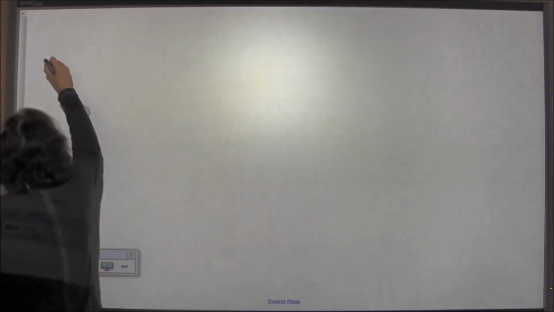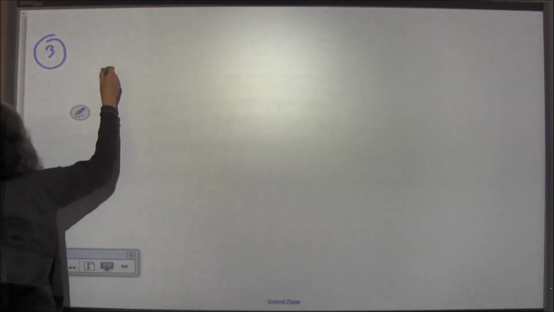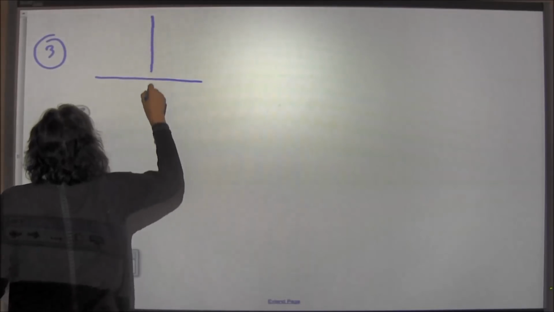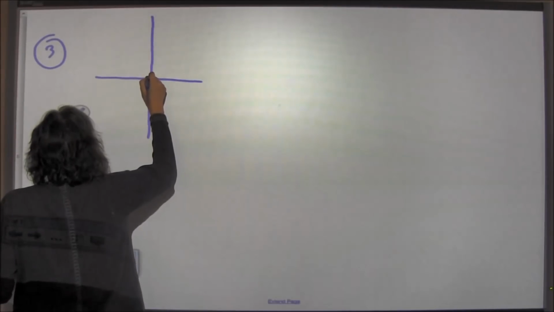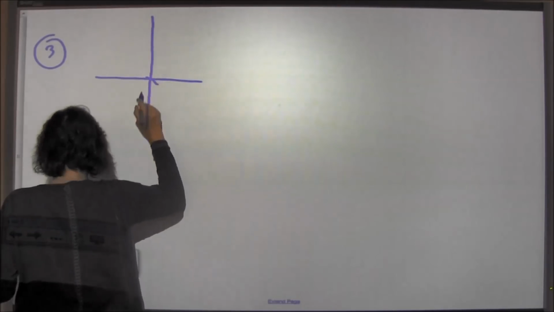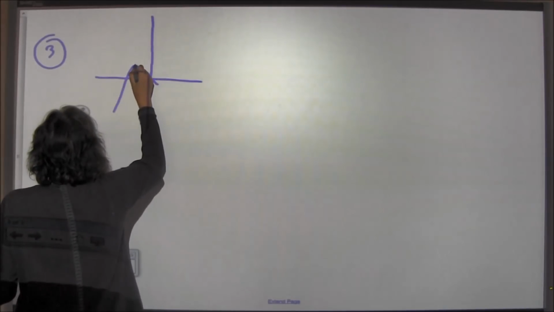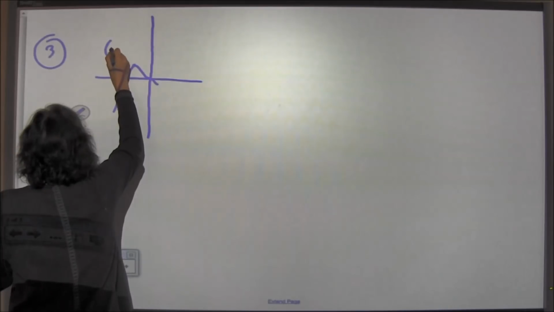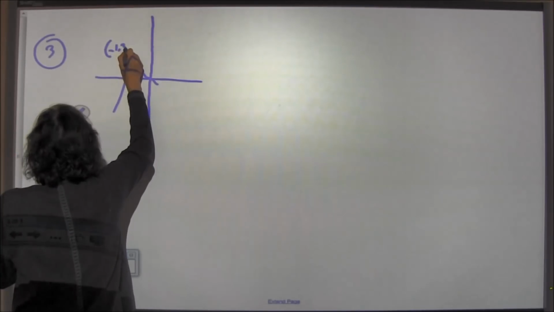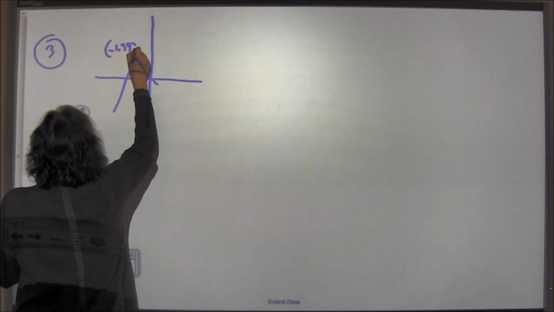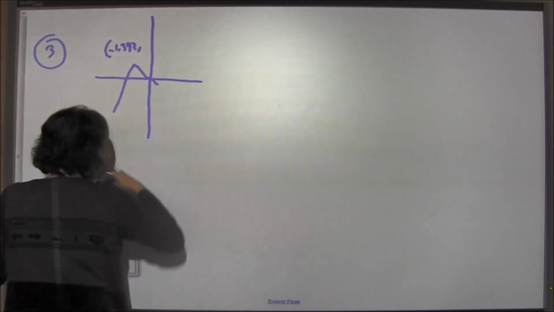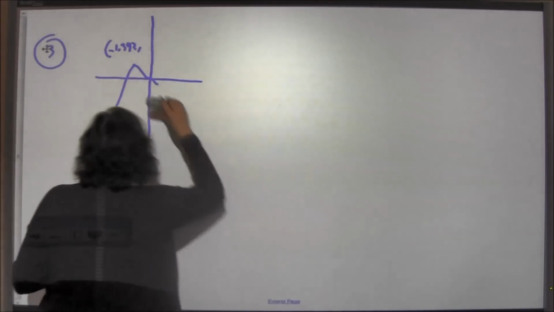So a rough sketch of number 3. It is not showing up very well.